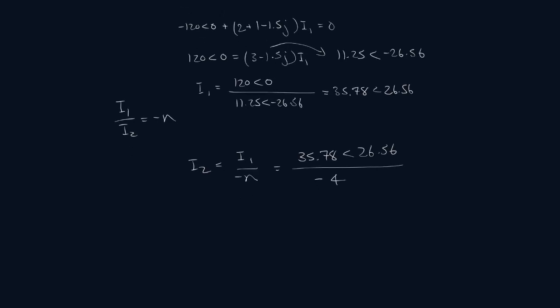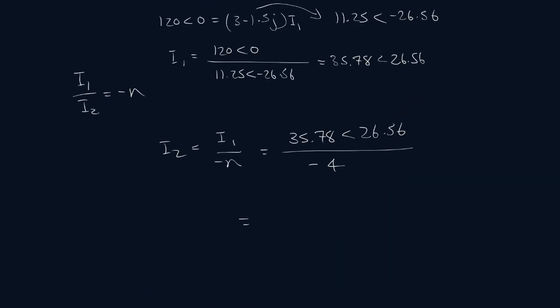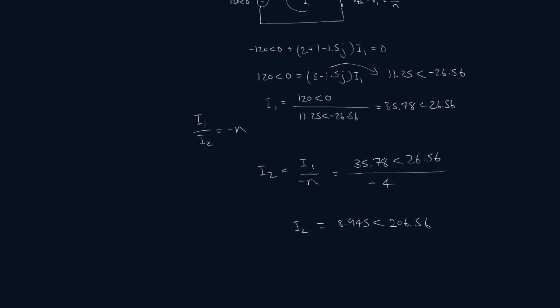So that's minus 8.945 phasor 26.56. Distribute the negative into the phasor, so we can add 180. So that's 206.56 degrees, and that's your I2. Okay, now we can find VO.